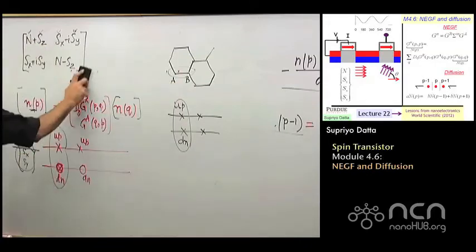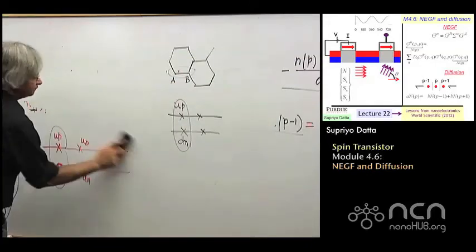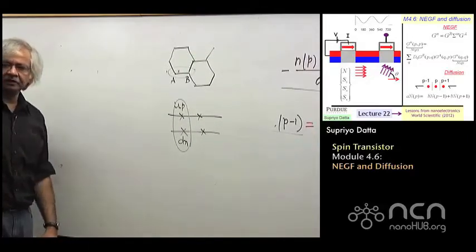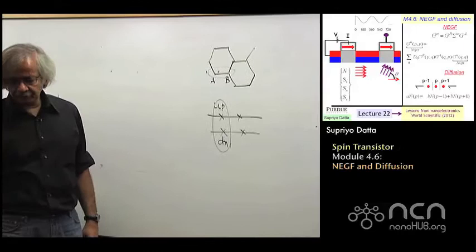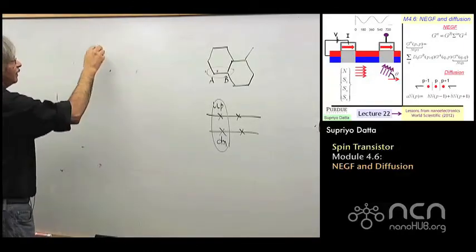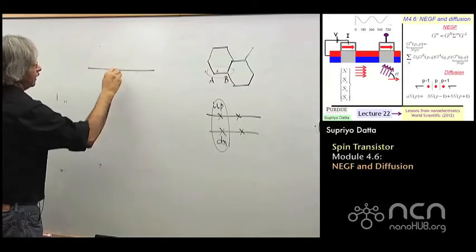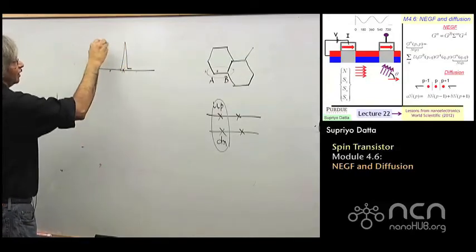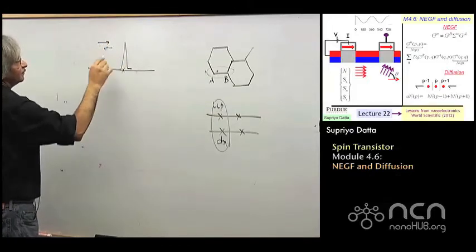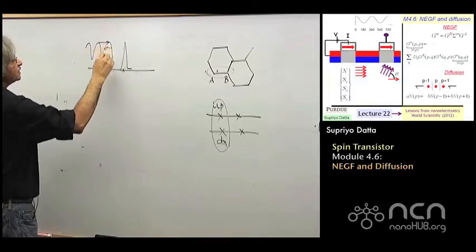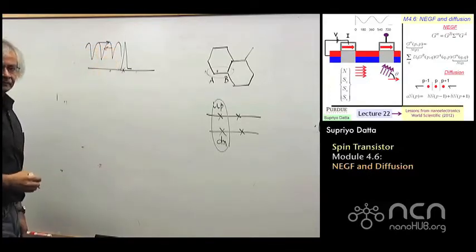Other examples of this could be, for example, we talked about one problem I think we did in week 2 or week 3: if you have a 1D wire and you have a scatterer here and you have electrons coming in and getting reflected, if you looked at the potential, you could see oscillations like this.